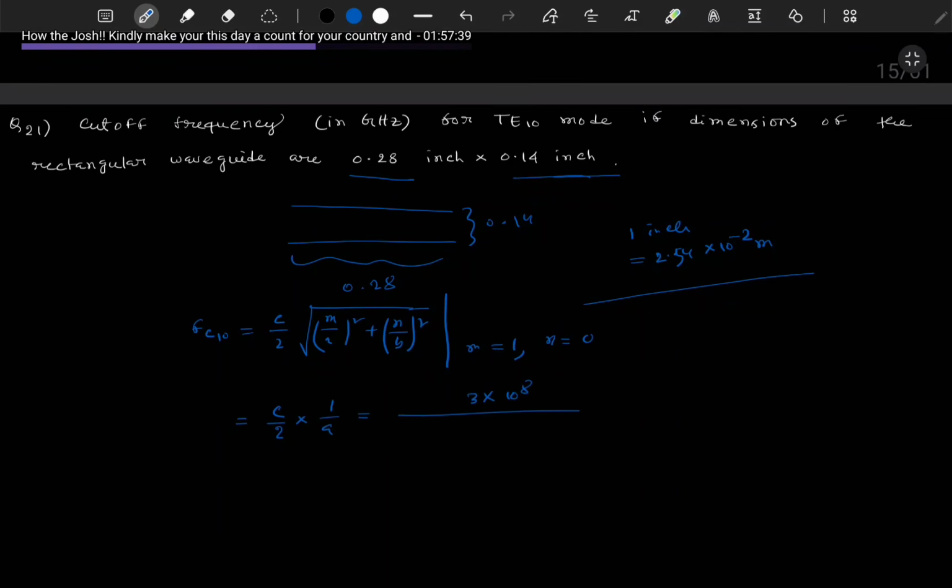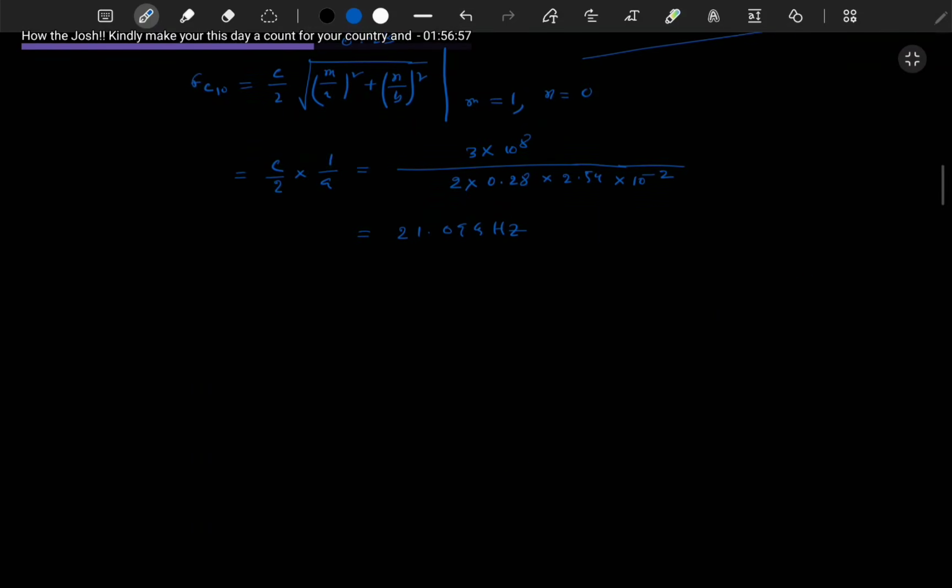So it will be 3 into 10 to the power 8 by 2 into 0.28, into 2.54 into 10 to the power minus 2, since we need to convert it into meters. So it will come as this gigahertz. That's the answer.